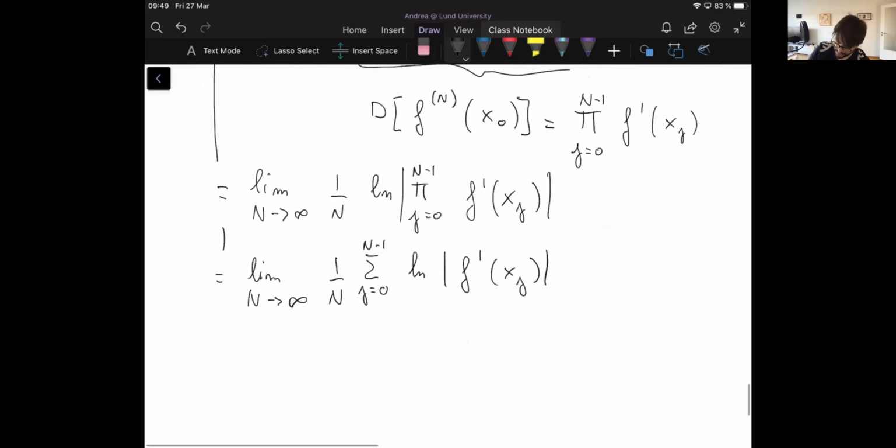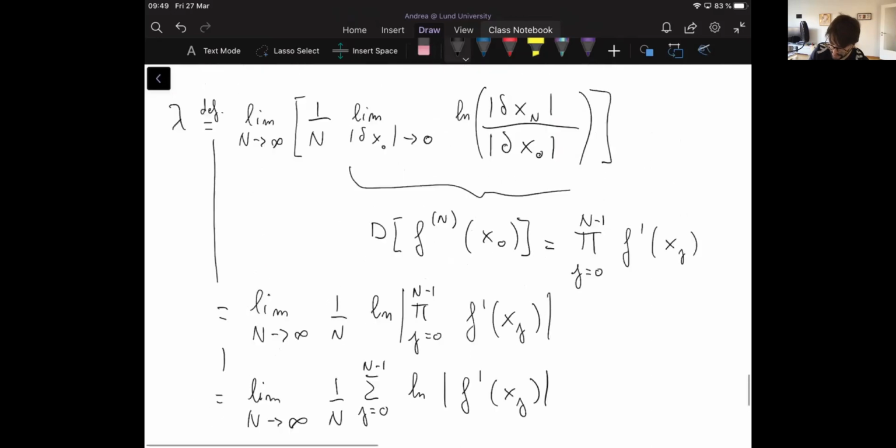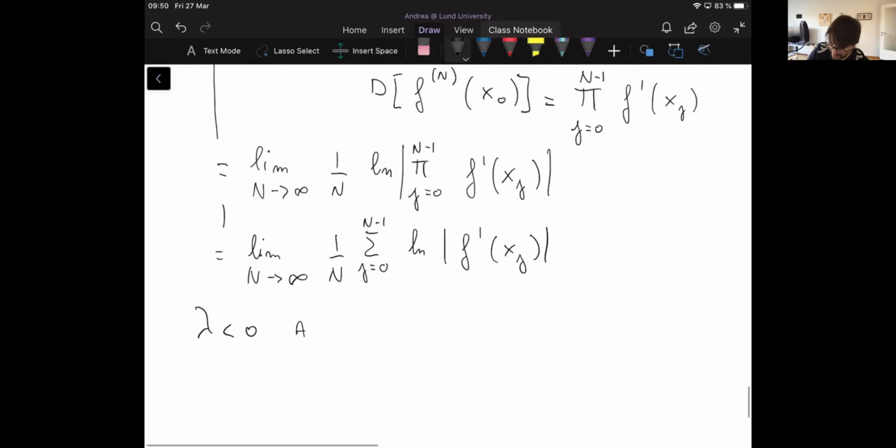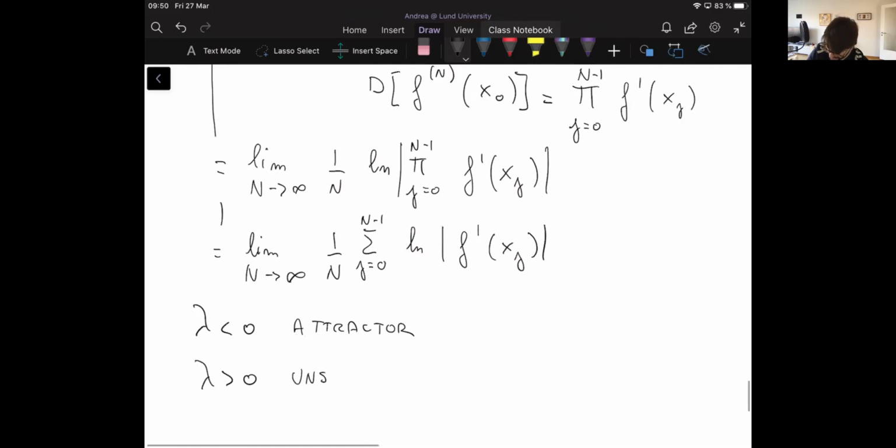And just to summarize, if lambda is the Lyapunov exponent, and it is negative, then you have an attractor. And if lambda is greater than 0, then you have an unstable situation that can be either periodic or aperiodic.